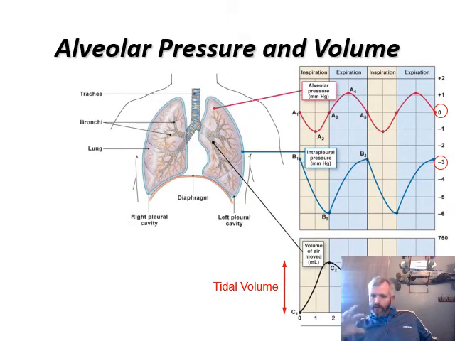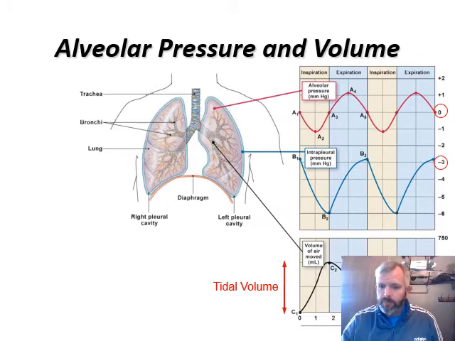Now let's look over a respiratory cycle, an inspiration and an expiration, and what's changing pressure-wise as air moves in or out. First we'll look at the inspiration. I want you to look at these two, this here and here.